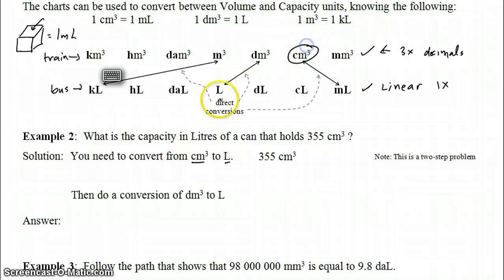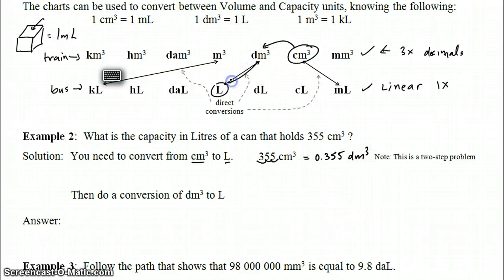Here's cubic centimeters, here's liters. So we could actually jump across at milliliters and then go over to liters. But it's easier to convert first to cubic decimeters. Okay, so we convert this, move the decimal to the left 3 places, 1, 2, 3, so 0.355 decimeters cubed.